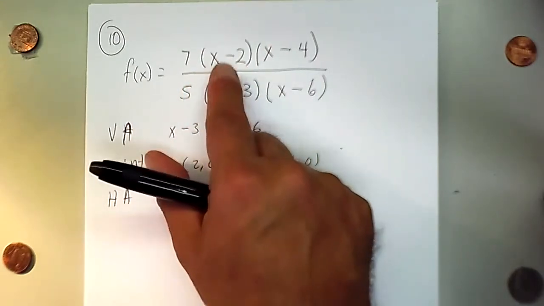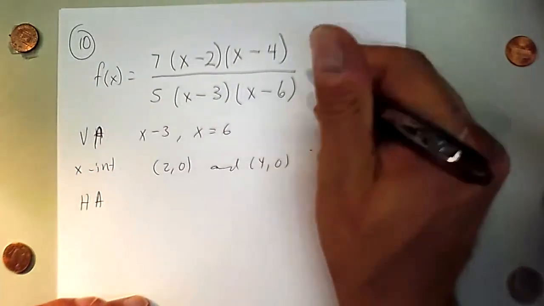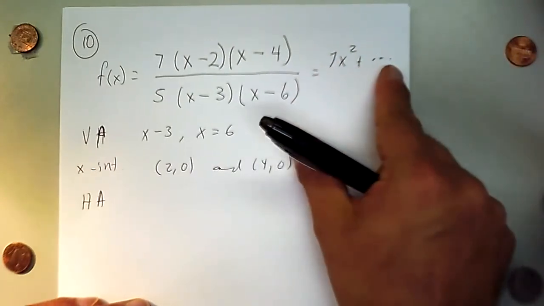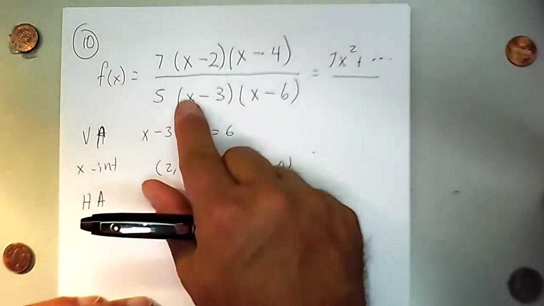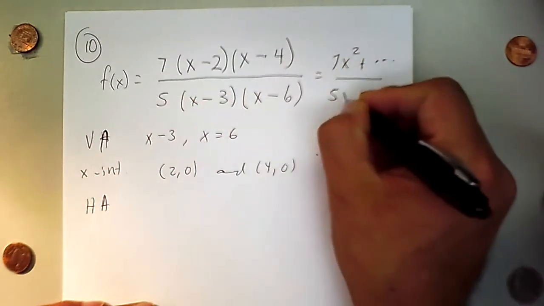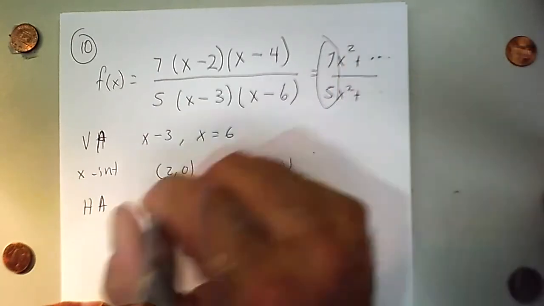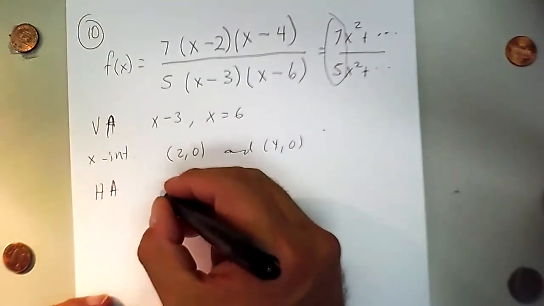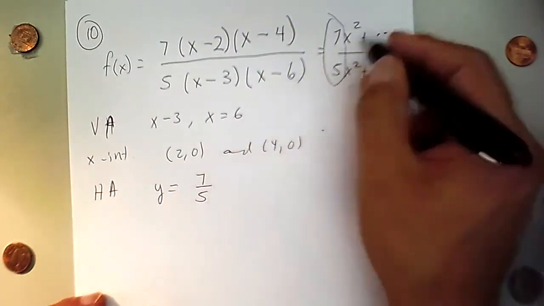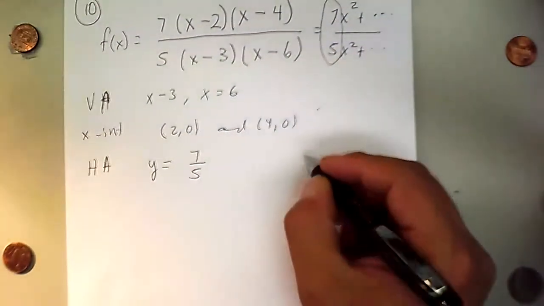But the important thing is the x squared times the 7. So we're going to end up with 7x squared plus other stuff of lesser degree. On the denominator, similarly, 5x squared plus other stuff of lesser degree. What is important is the 5 and the 7. The horizontal asymptote will be y equals 7 over 5. We just keep it the same way. And then we do our chart of signs.